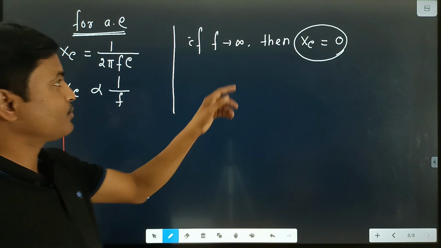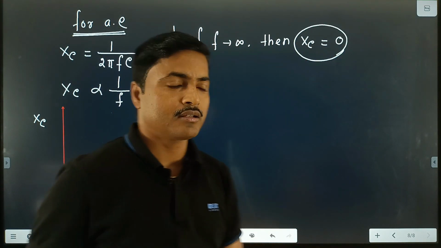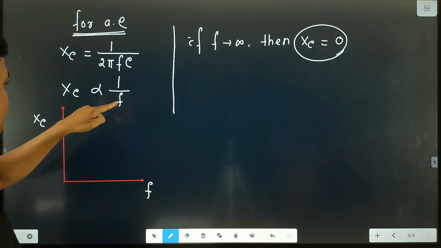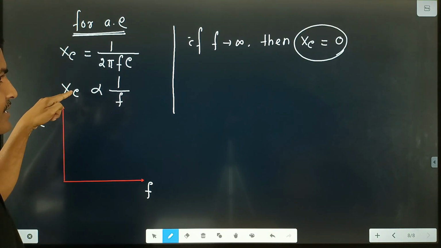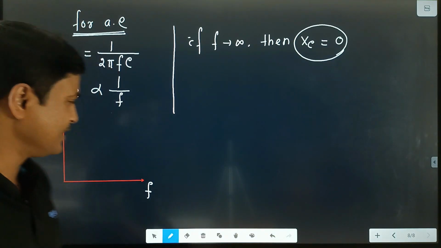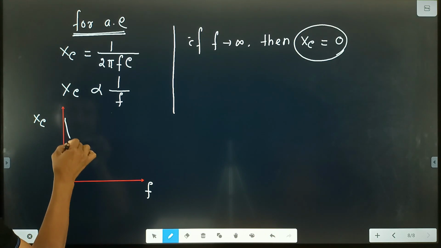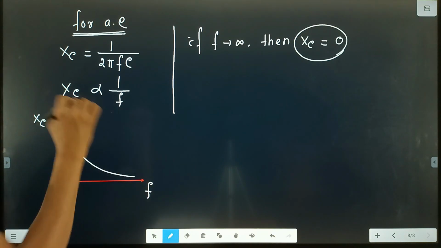Here if frequency is infinite, capacitive reactance is 0, clear? And if you increase the frequency, capacitive reactance gradually decreases. This is the graph.